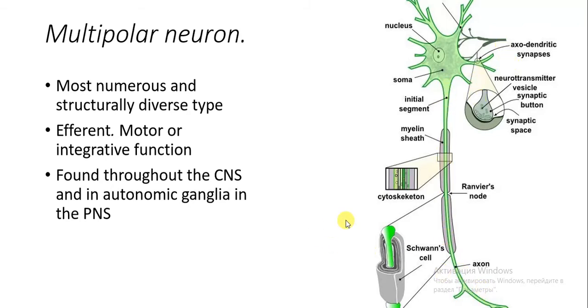This is the typical appearance. And at the end of the axon, we have a synaptic node. Usually they are afferent neurons or integrated neurons. They are present in the central nervous system and in motor neurons.